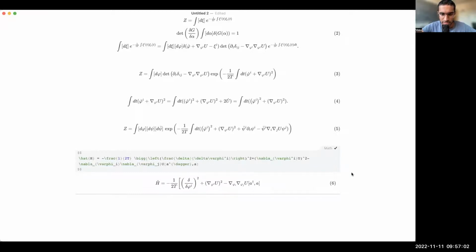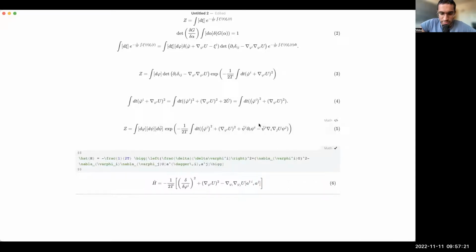So you have a kind of fermionic Hamiltonian that looks like this. So you have A dagger i, A j.